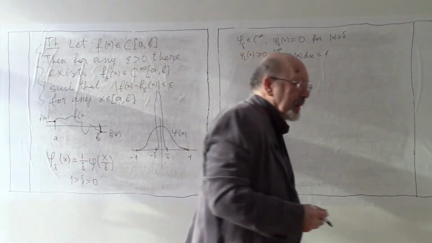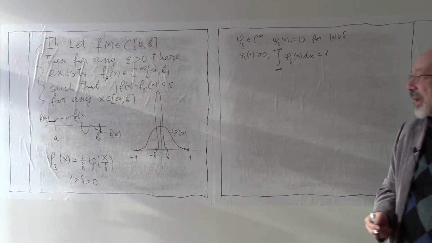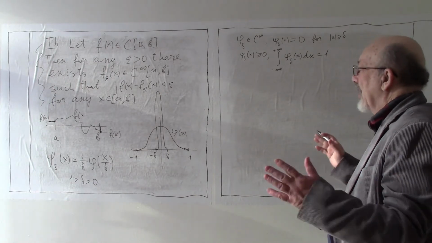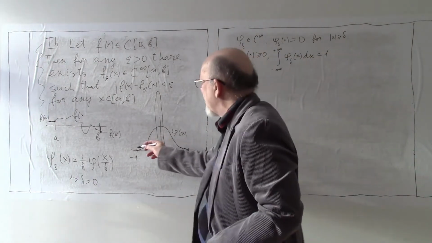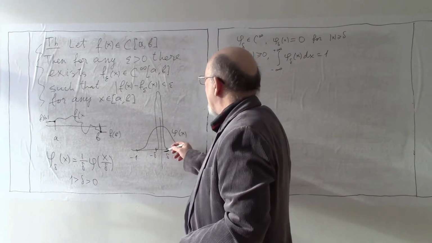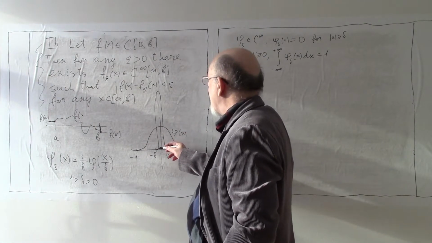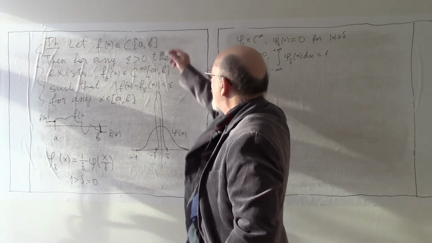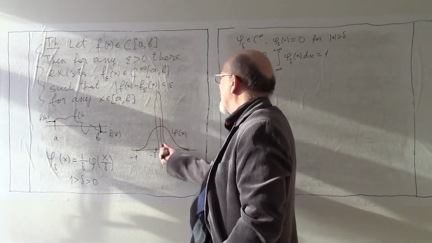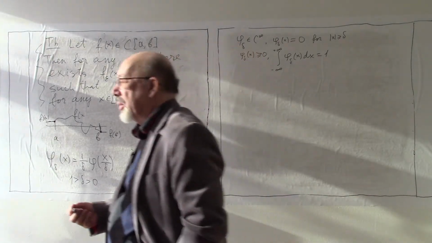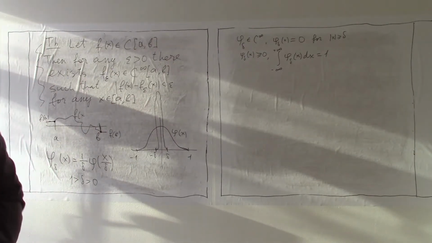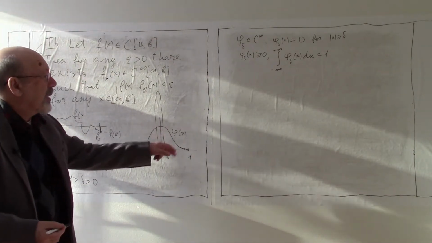So it is another function of the same sort, but if this function looks like this, when delta goes to 0, it becomes higher and higher and narrower and narrower, and looks more like a needle than like a hill.